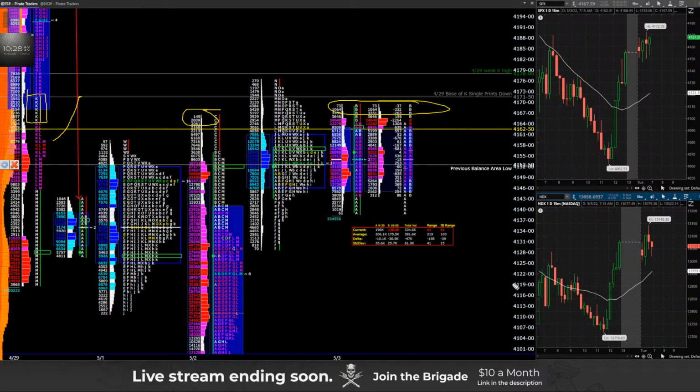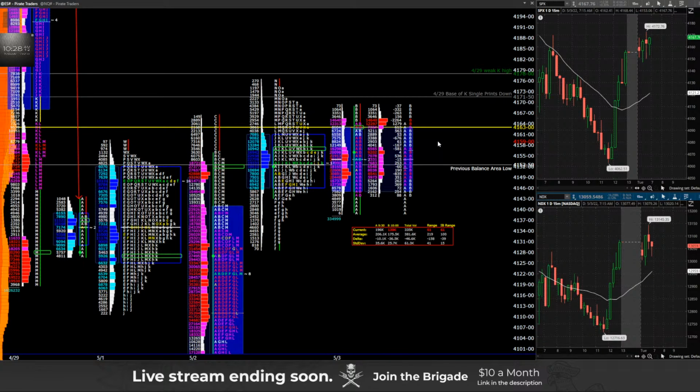So yeah, I wouldn't get too obsessed with the ticks right now. The market is rotating. They're just pushing it up so they can smack it back down.